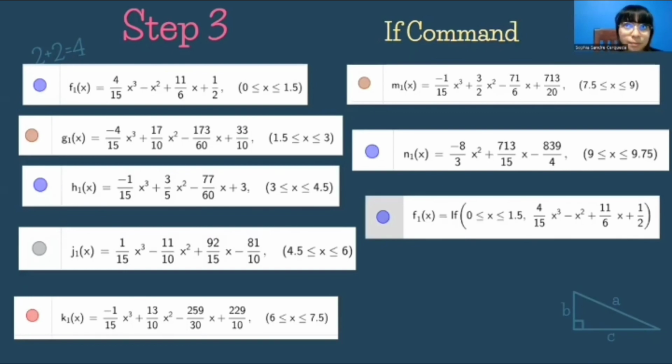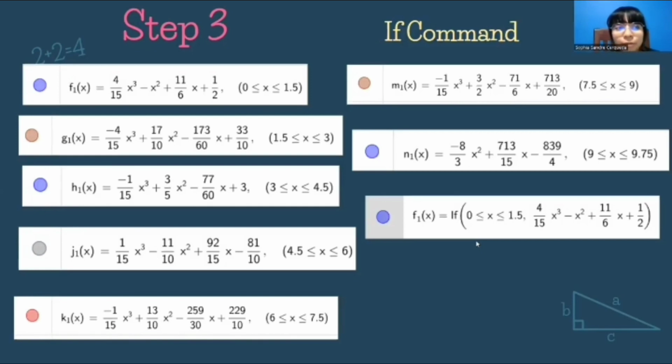And then we have the second part of step three: with the function in fractions, we have to use the If command. This is the first function. This is how it looks after all the steps, but this is the exact way to write it. So we put the same command, as you can see, and then we use If.